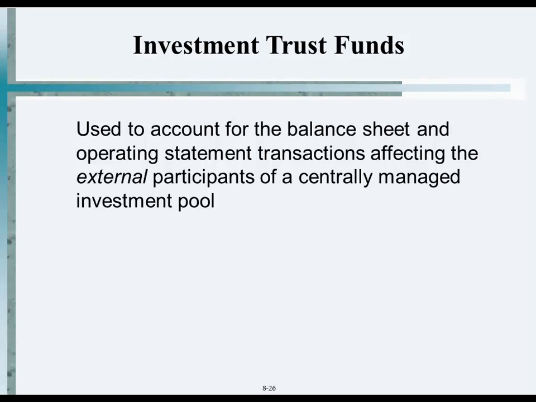The book has a series of journal entries, and for our purposes, I won't hold you accountable for those journal entries. They basically deal with purchases of investment, sale of investment, realization of income, and changes in fair market value. I don't think we have to go into that depth, but you do need to know the general concepts of how and when an investment trust fund is used. Okay?